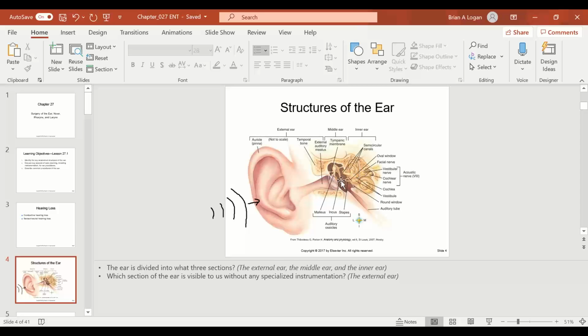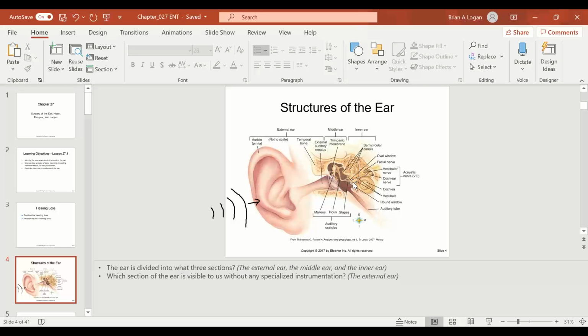That tapping then vibrates and shakes the stapes, or the stirrup, because it's shaped just like a stirrup that you would use to get onto a horse. And that stirrup is connected to the cochlea at the vestibule and the oval window.